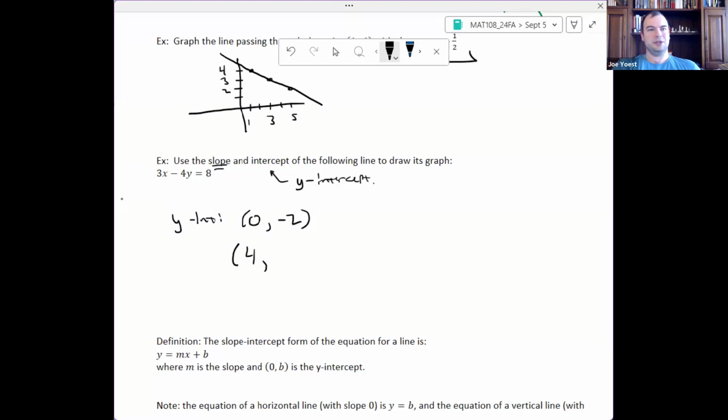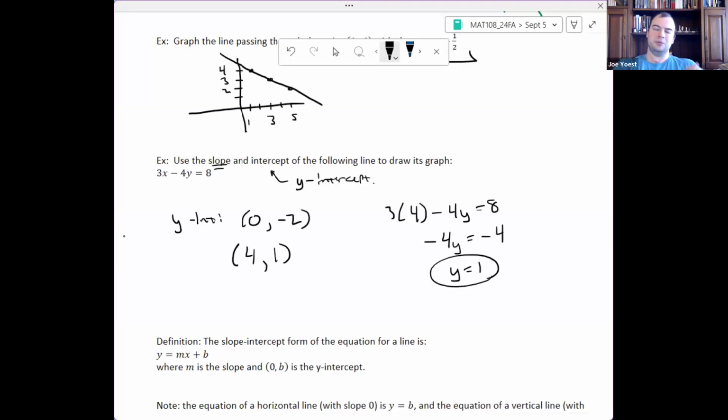So sometimes we have a little bit of trial and error to decide what value of x or y we should pick to get something that works out kind of nicely. But this gives me 3 times 4 minus 4y equals 8. Or move the 12 to the other side, I get negative 4y equals negative 4, or y equals 1.